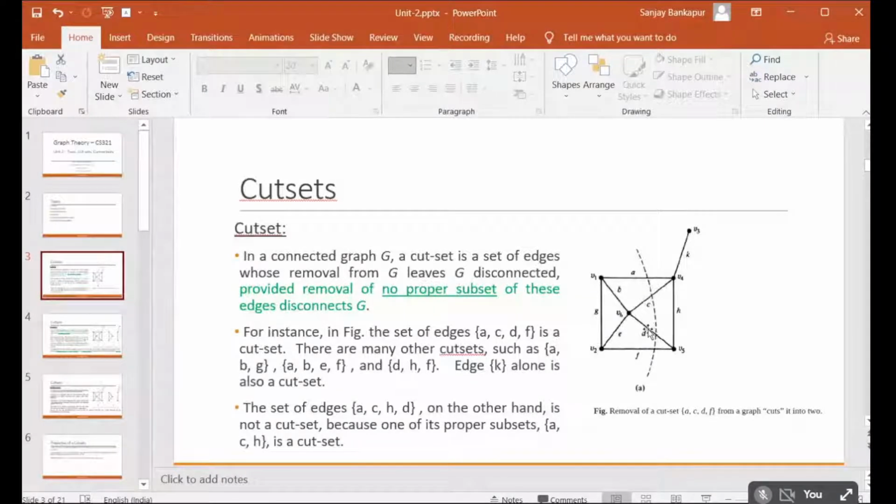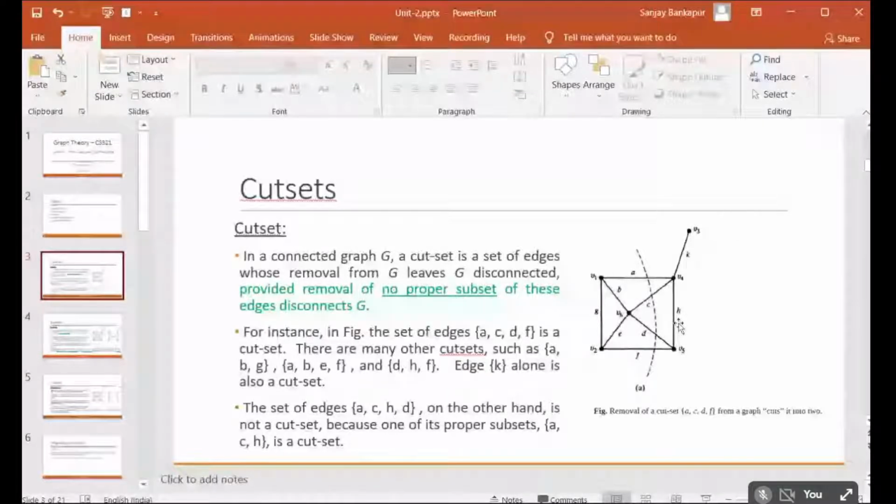However, A, C, H, and D is not a cut set because it is not a proper subset. The proper subset is ACH. By removal of ACH, the given graph again gets disconnected in a similar way, irrespective of whether we remove D or not. So ACH is a proper subset.